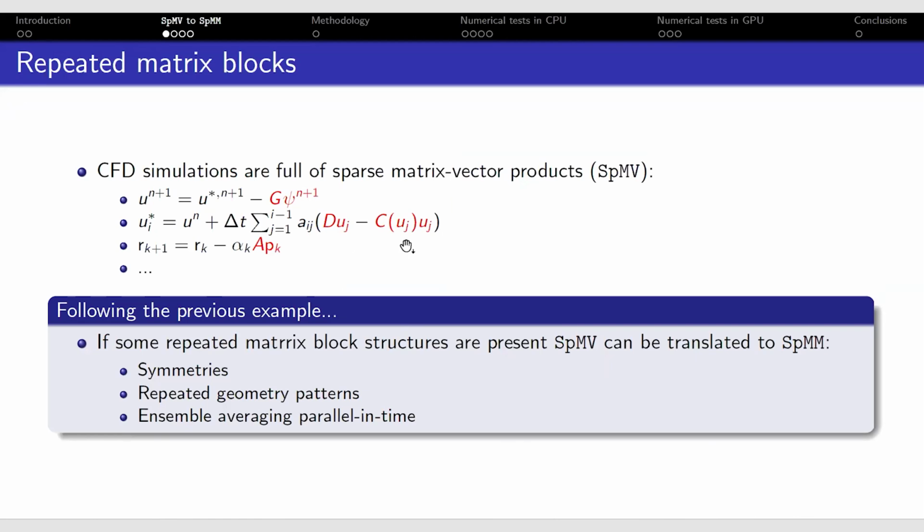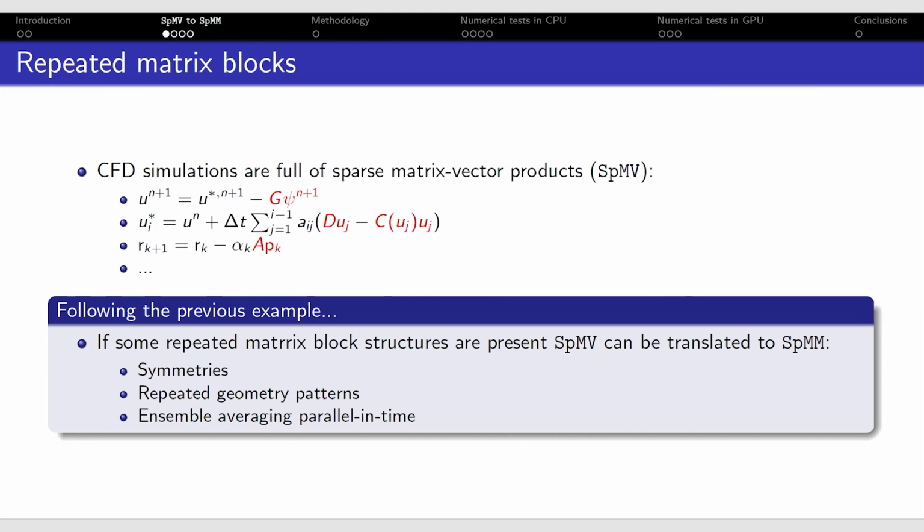Like if we compute the diffusive term, the convective term, or even inside the conjugate gradient, we have some operations, like in this case, that are actually sparse matrix vector products. So if some of those matrix block structures were present in our matrices, then these SpMVs could be translated to SpMMs, and in the end, we could improve the arithmetic intensity and then the performance of our codes.